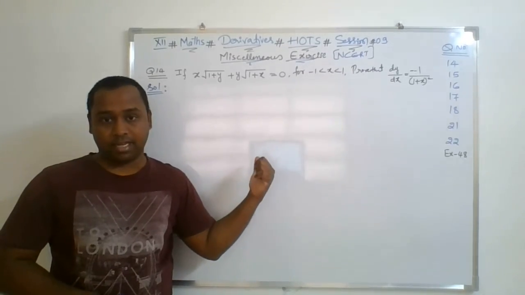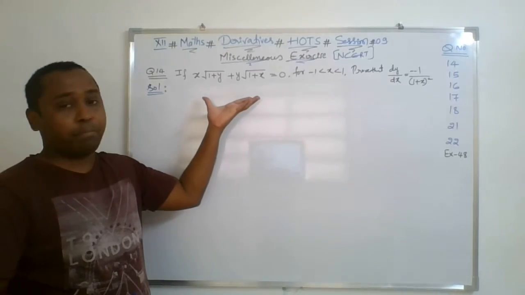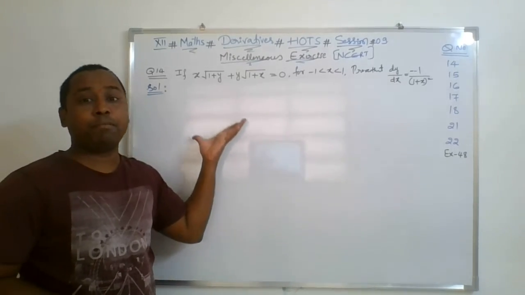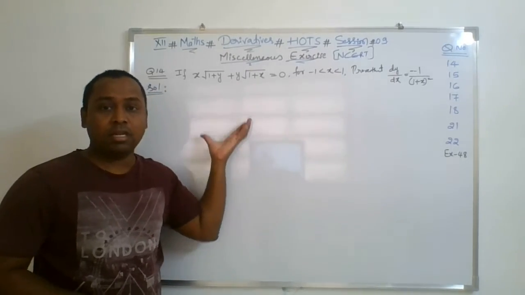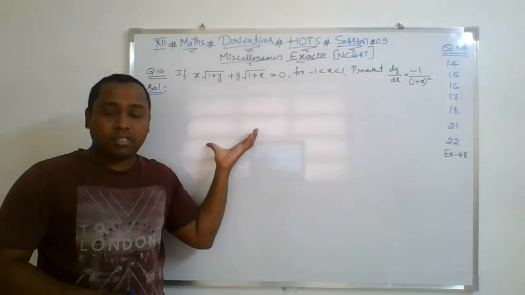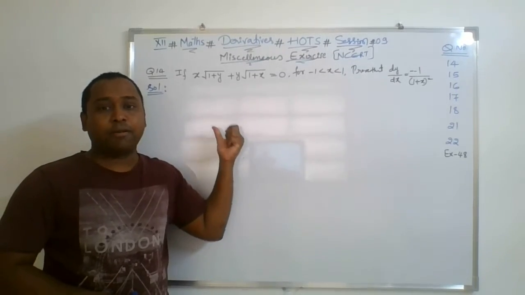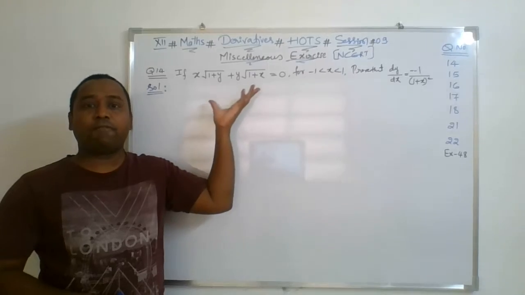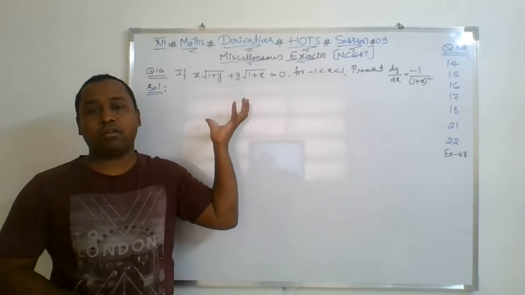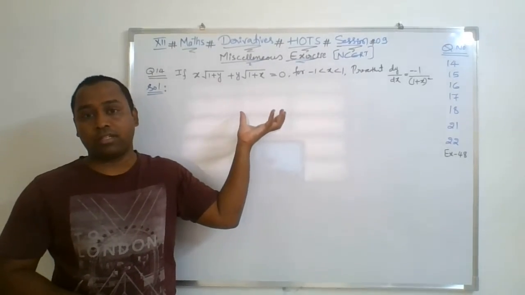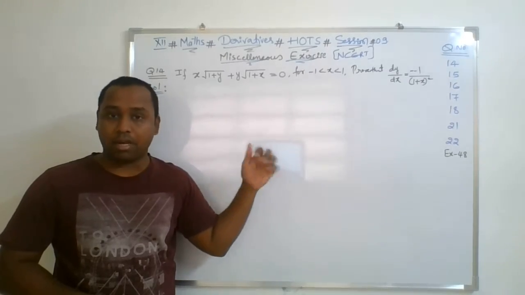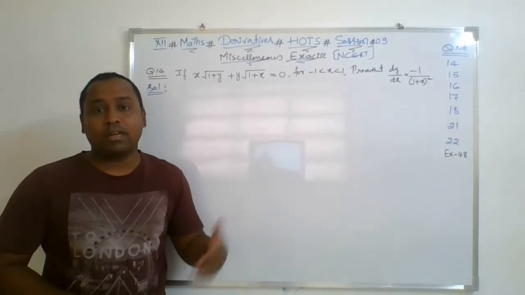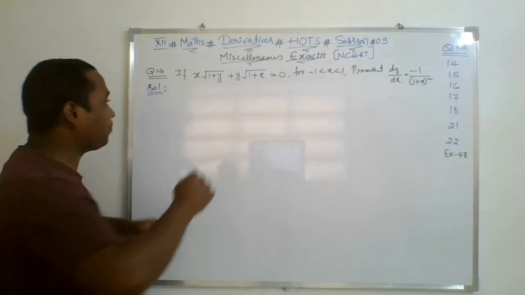So it looks like an implicit function but it becomes an explicit function. For that you need to simplify it a little bit. If under roots are there, take the squaring on both sides to make the function simple and then go for the derivative. Let's have a look at this.